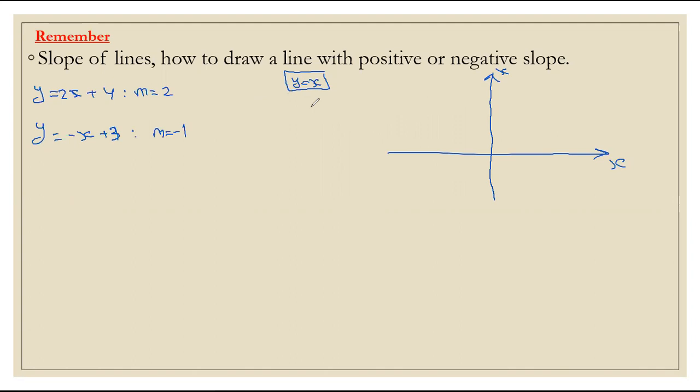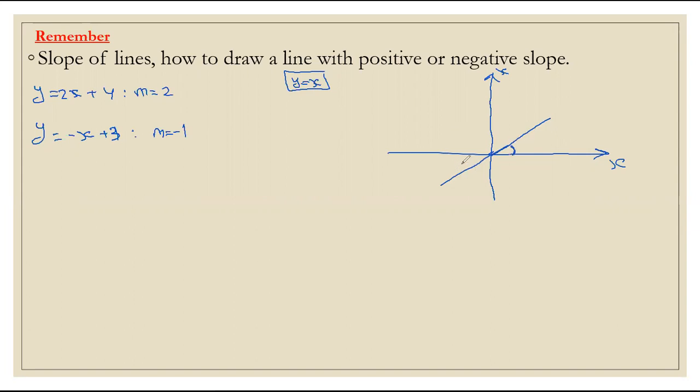It's a line with a 45-degree angle. Great, Basil. So this line is the bisector of the first quadrant and the third quadrant. So the angle between it and the x-axis is 45. This angle is 45.